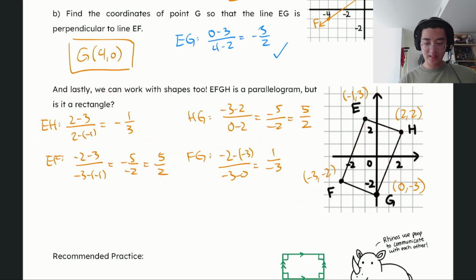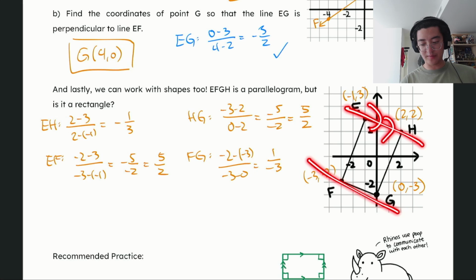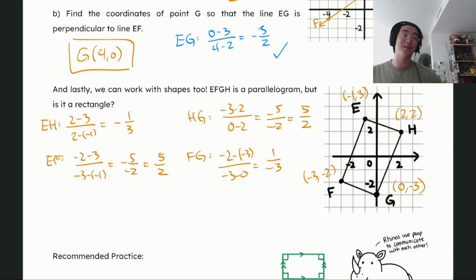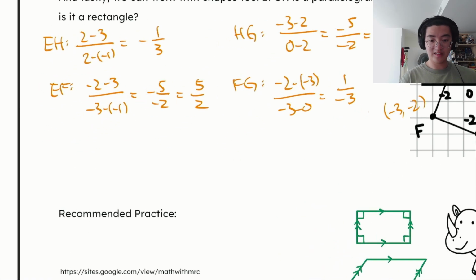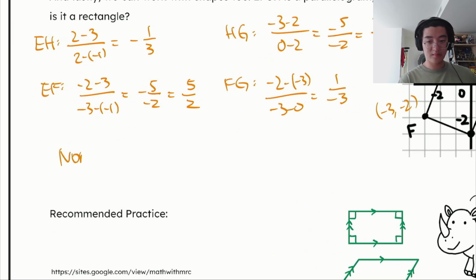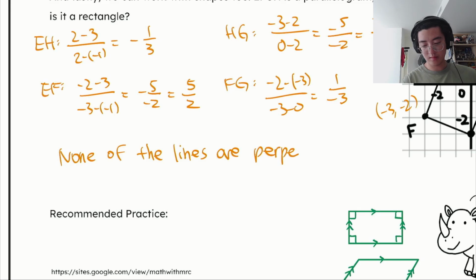And EH and FG will also be parallel to each other because they have the same slope. If they didn't, then this would not be a parallelogram. That's just a fraud. But unfortunately, none of the lines are perpendicular, so it's not a rectangle.